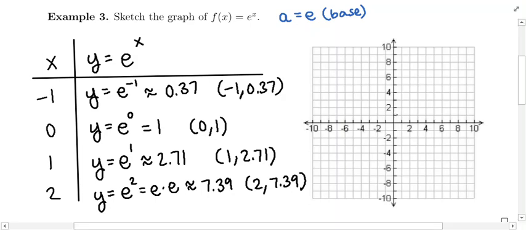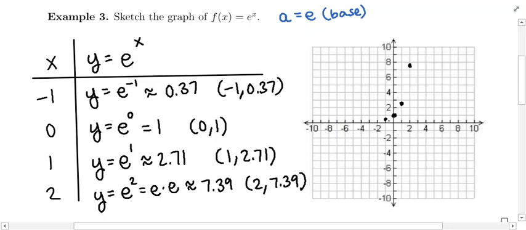e to the x definitely goes through 0, 1. And then we're going to have to do 1 about 2.71, and then 2 about 7.39, and then -1 about 0.37.